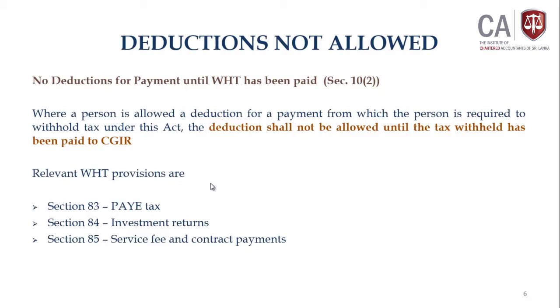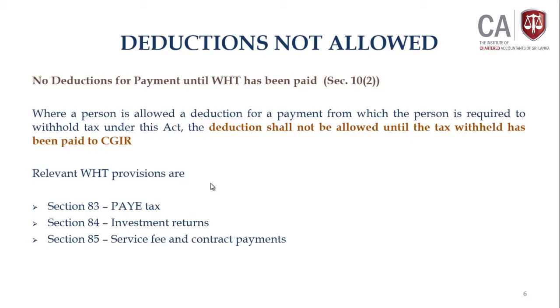Good example, let us say the payment of rent is an investment return. When a company pays rent for a showroom, let us say 1 million rupees, section 84 requires you to withhold the tax at 10% and remit to the department. You pay the landlord only 900,000, but you charge the income statement 1 million.